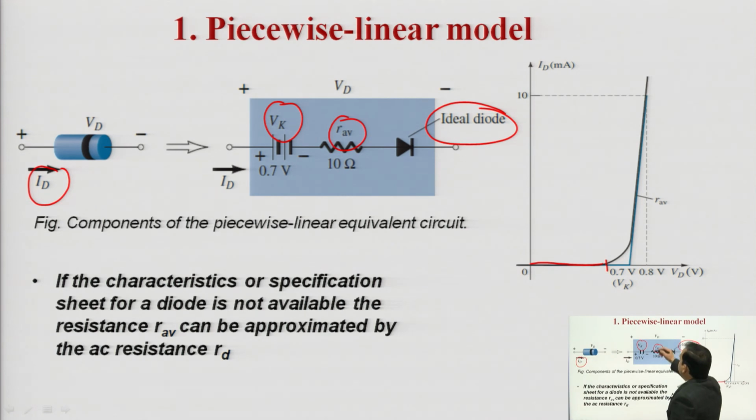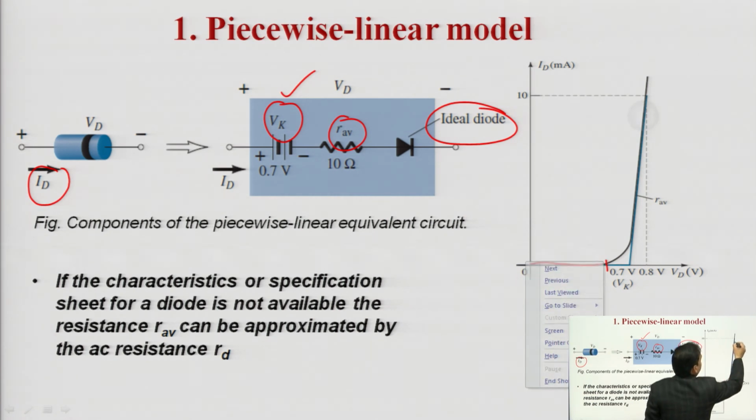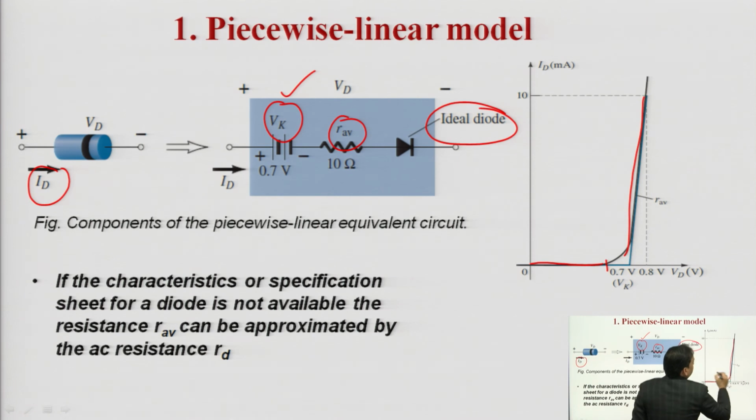So we have the first battery. After that, this characteristic has some slope, which means some finite resistance, the average or AC average resistance.